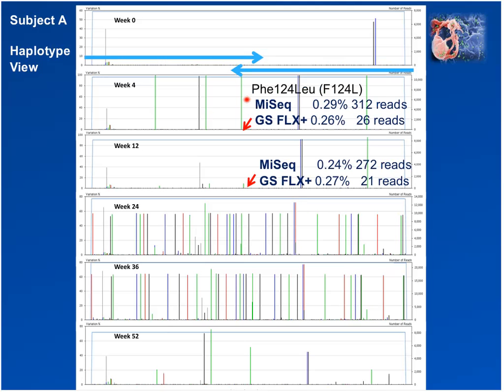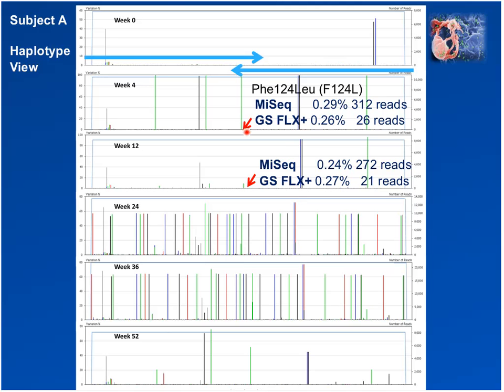But I looked into the data anyway, and I found a variant that was present in this overlap almost directly in the middle of it, that I hope will serve as a representative of how concordant the data is in the overlap region as well in the MiSeq data. The MiSeq for this particular site, which is a F124L, phenylalanine 124 to leucine change, which is a single base T to C change causing this amino acid change.